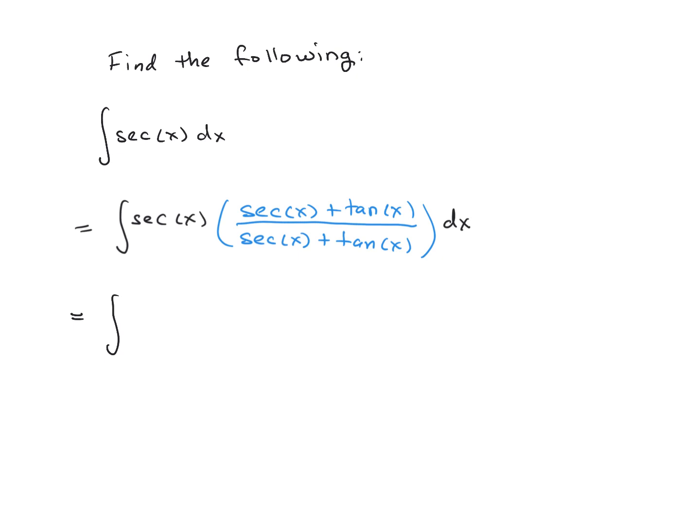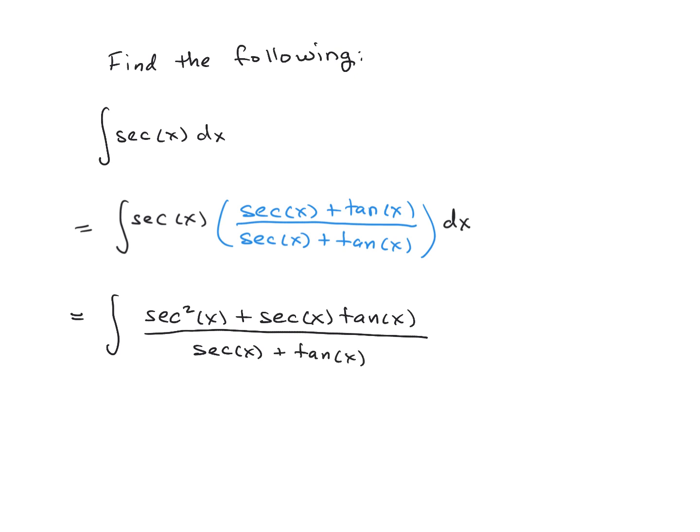So when I distribute and multiply, I'm going to have the secant squared of x plus the secant of x times the tangent of x, all divided by the sum secant of x plus the tangent of x, with respect to x.